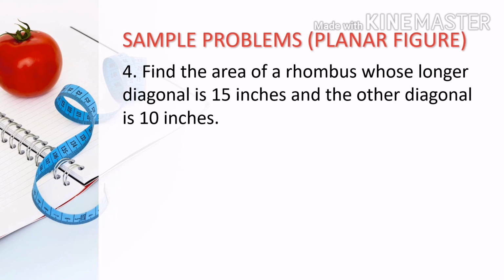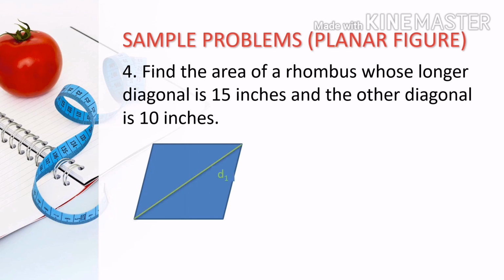Okay, ito naman yung sa rhombus. Find the area of a rhombus whose longer diagonal is 15 inches and the other diagonal is 10 inches. Pag diagonal, yun yung nakatabinging linya sa loob. Alright, so this is the rhombus, the longer diagonal, and the shorter diagonal.